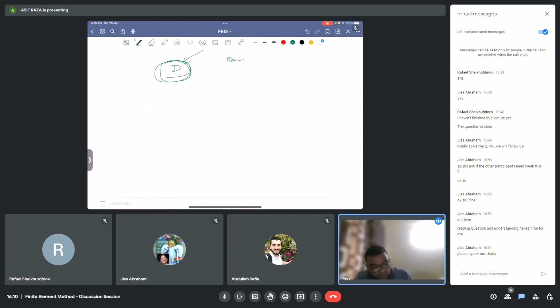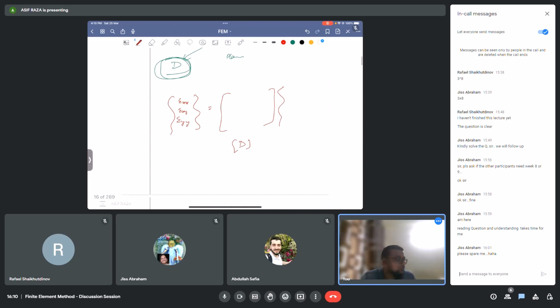What we normally solve for most of the time is epsilon xx, epsilon xy, epsilon yy. Why don't we solve for epsilon xz or epsilon zz? We focus only on these three aspects, right? So accordingly, our D, the constitutive matrix, is changed considering what we have.